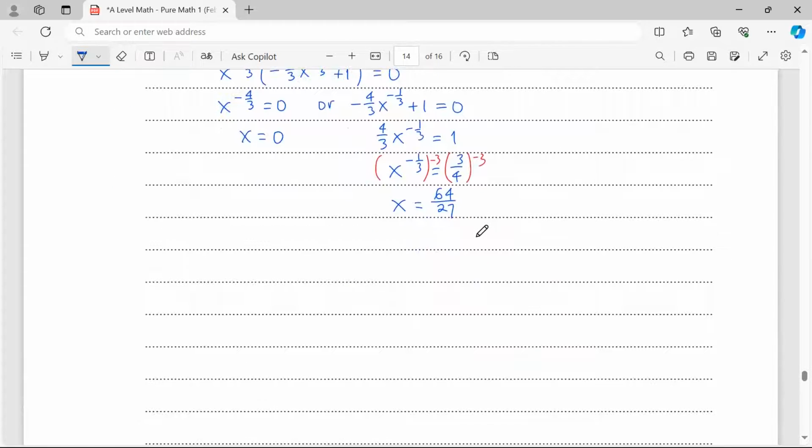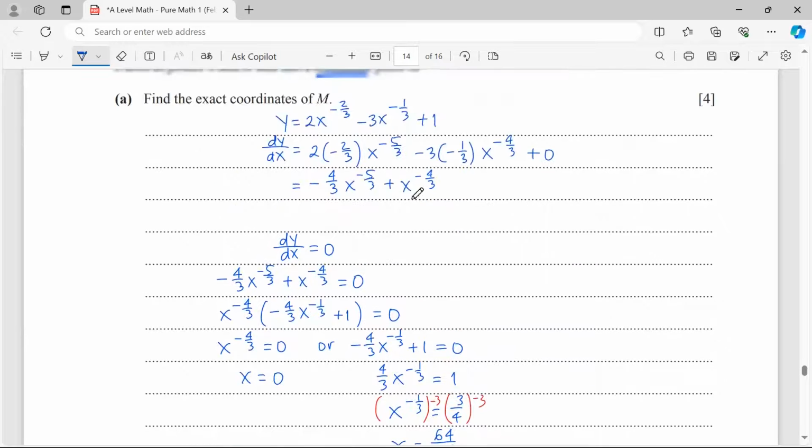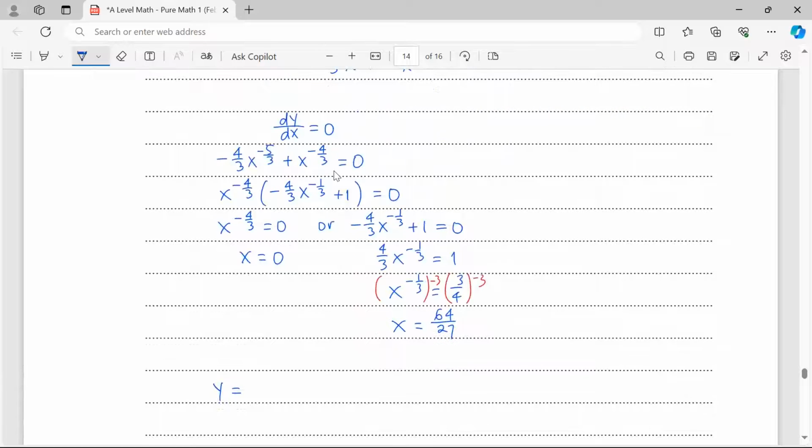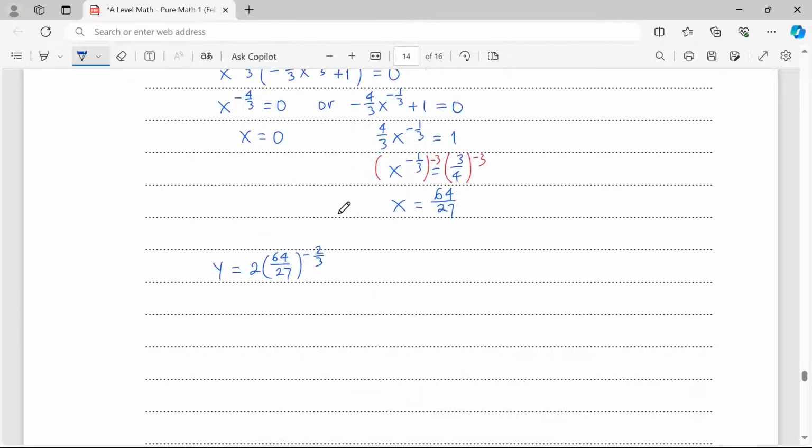So y will be equal to 2 times 64 over 27 to the power of negative 2 over 3, and then minus 3 times 64 over 27 to the power of negative 1/3, and then plus 1. Work this out using your calculator, and you will get y is equal to negative 1 over 8.